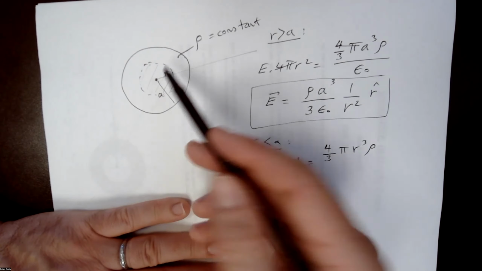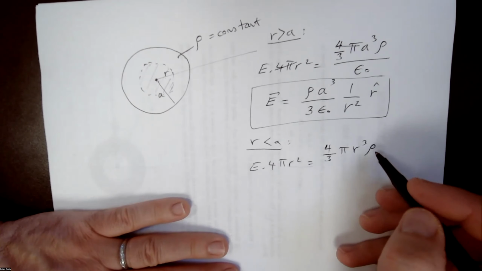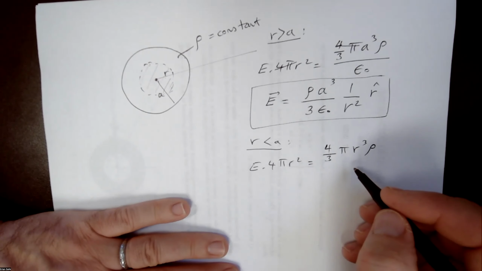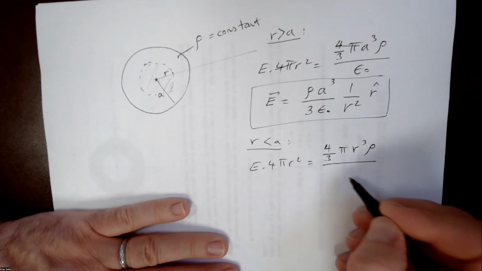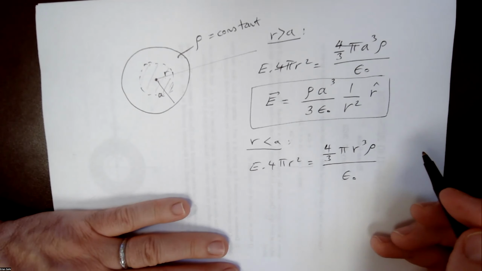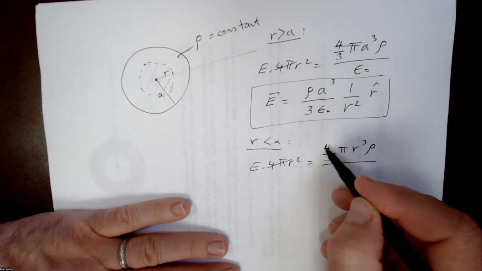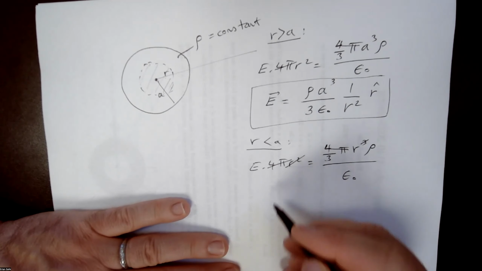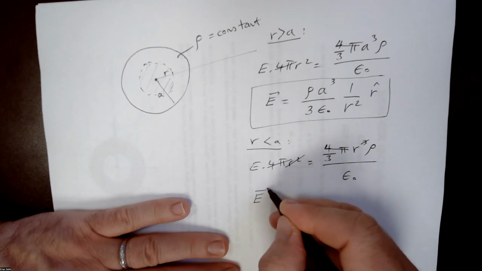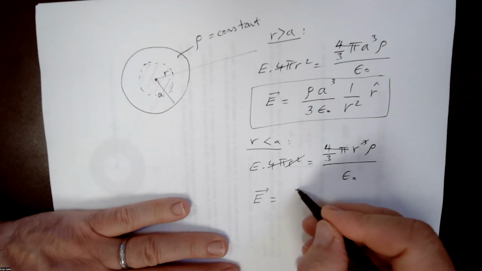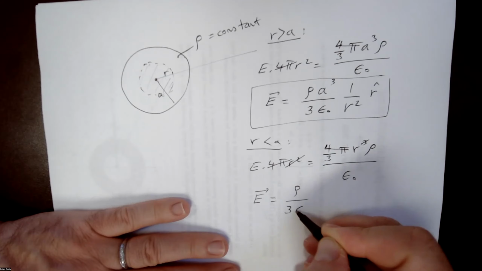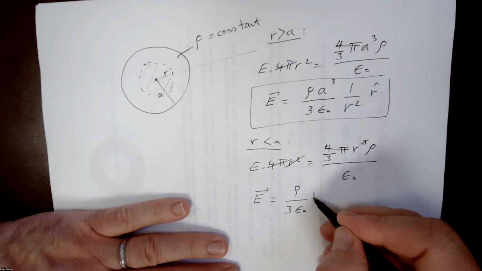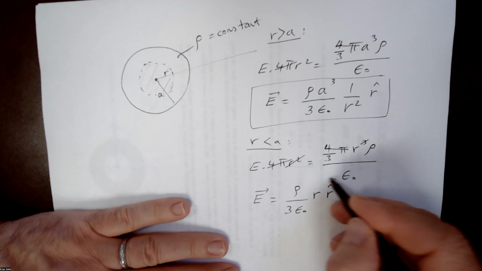Since it's constant, I'm not integrating, just merely multiplying with uniform charge density and the volume, and divided by epsilon naught. Here, the 4 pi's cancel. R squared cancels with r cubed. I just have r here. So electric field inside would be rho over 3 epsilon naught times r hat.